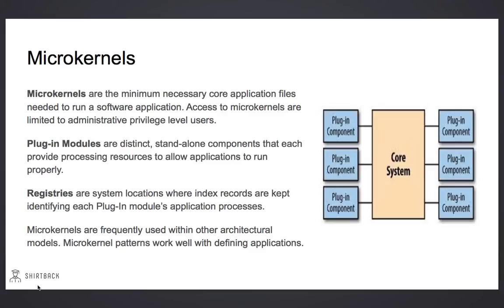Registries are system locations where index records are kept that identify each plugin module's application process. Microkernels are frequently used within other architectural models. Microkernel patterns work well with defining specific applications.